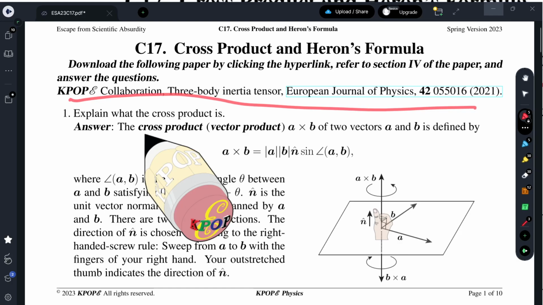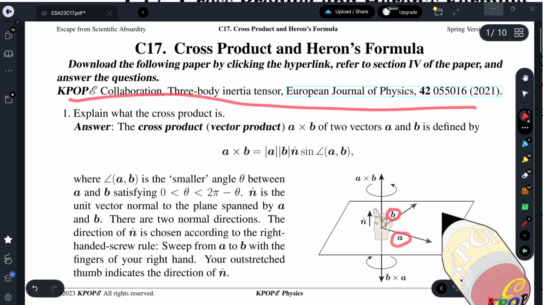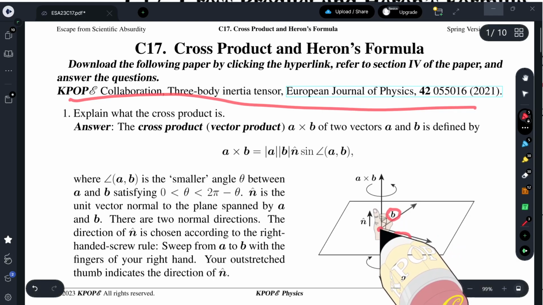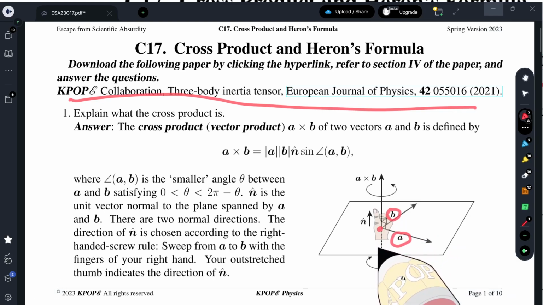We have two vectors A and B. If I translate any one of them or both of them to have their tails overlapped at a single point, then any two vectors construct a single plane that is two-dimensional. Sure, if they are either parallel or anti-parallel, it is just a one-dimensional straight line. But if it is not the case, in the most general case, they construct a plane.